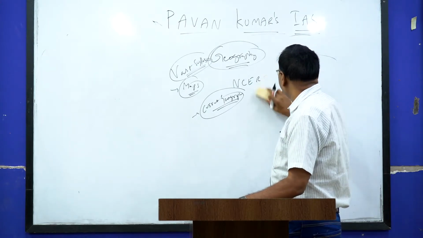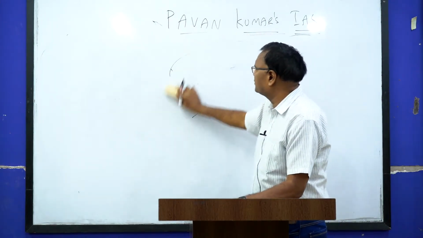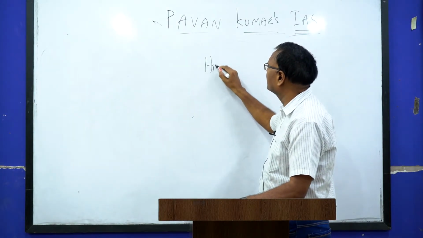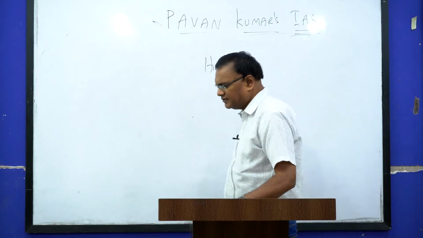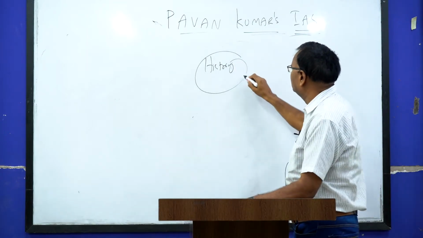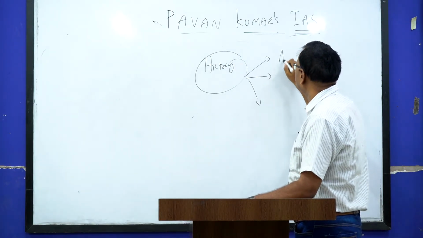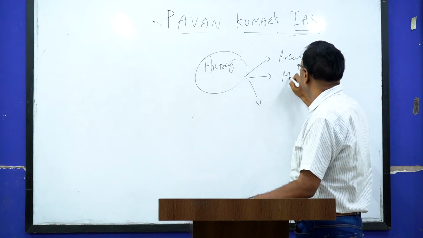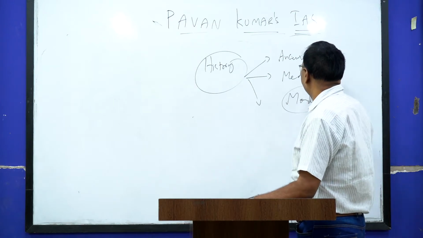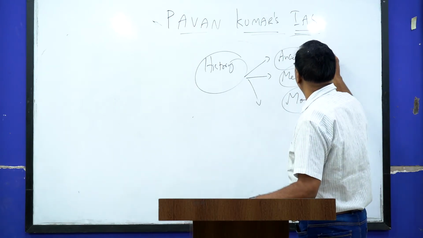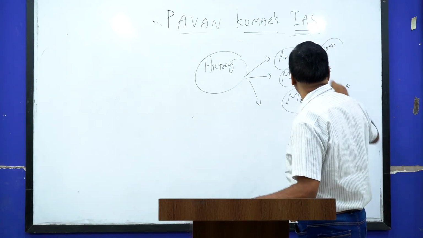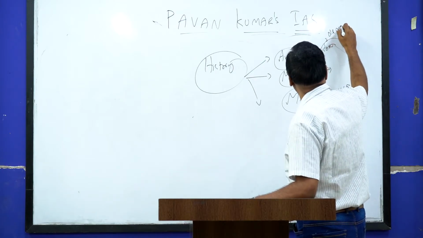Then after geography, let us take history. What are the sources for history? This history has three parts: ancient, medieval and modern. You have NCERTs for all these three parts. Normally students prefer old NCERTs, they are more authentic.